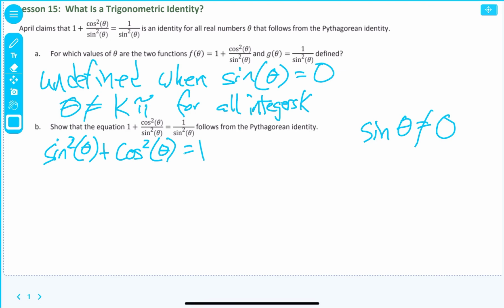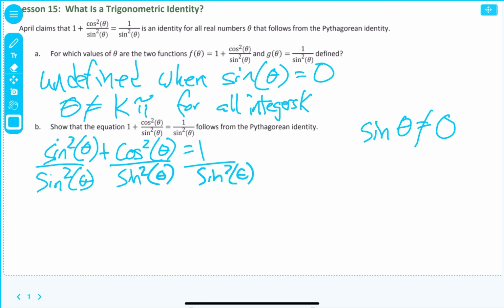What does it mean when it's in the denominator? It is divided by. So we're just going to divide by sine squared theta all the way across.